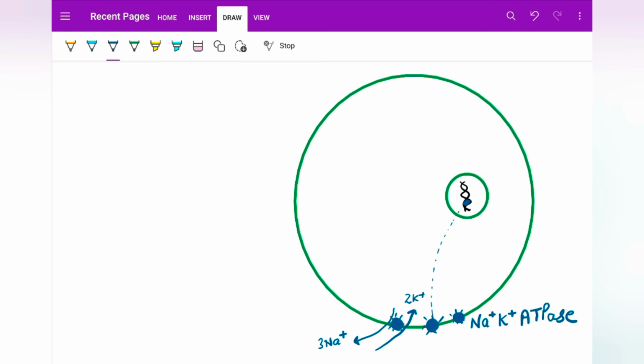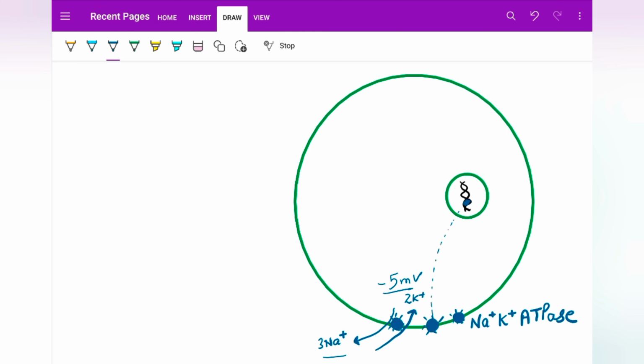As we know, sodium potassium ATPases are accumulating lots of sodium outside, that is, the extracellular fluid is rich in sodium, and they are concentrating potassium inside, right? And it's an electrogenic pump, that is, loss of cations is more and gain of cations is less. So the inside of the cell becomes electronegative, producing about minus 5 millivolt. This is by sodium potassium ATPases, as we know. This is what we have already studied in detail in the previous videos.